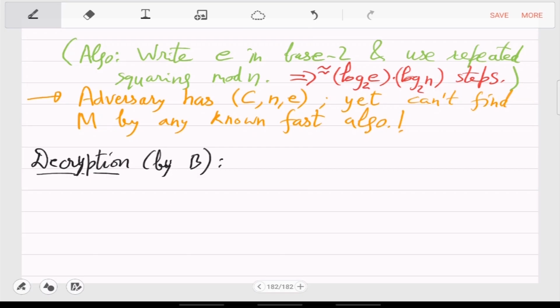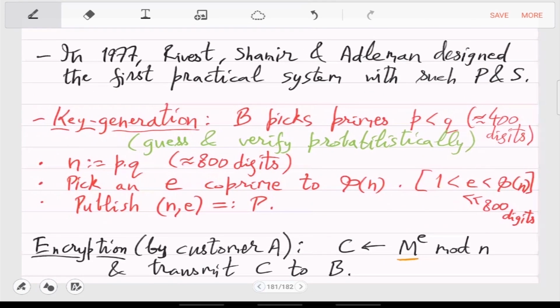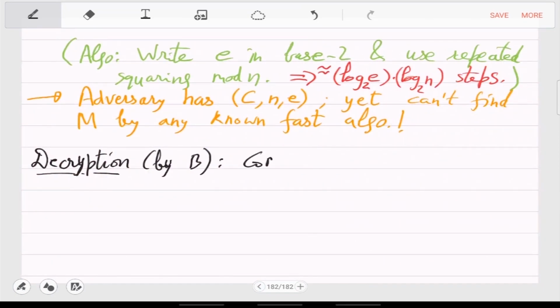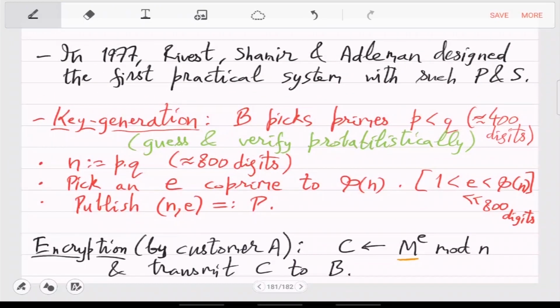So compute D, which is E inverse mod phi n. This thing will exist because that's why I assumed E is co-prime to phi n.